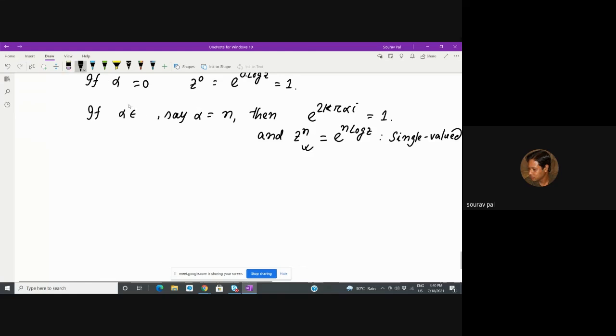Okay, so here let us deal with the positive integer so that we can get a regular polynomial.